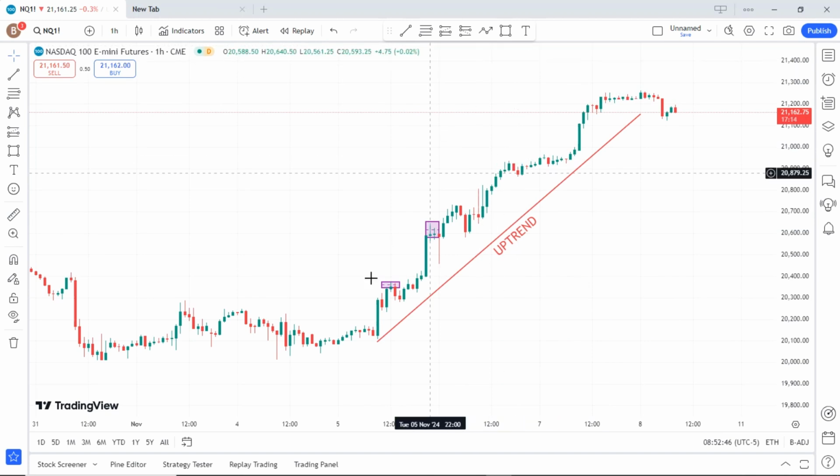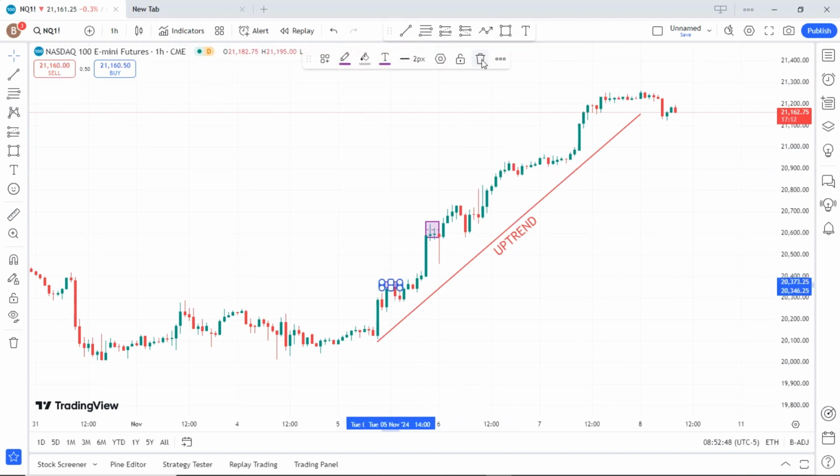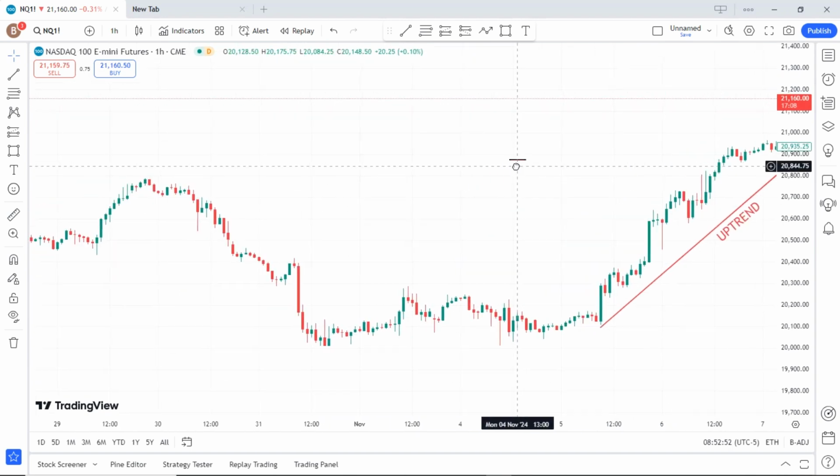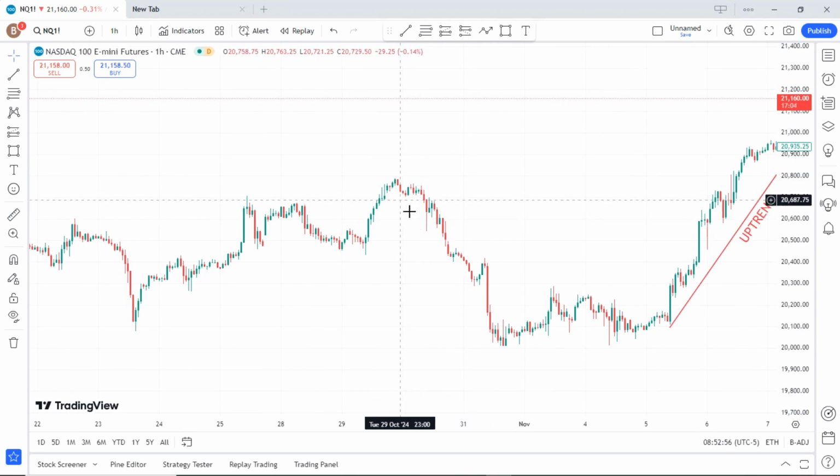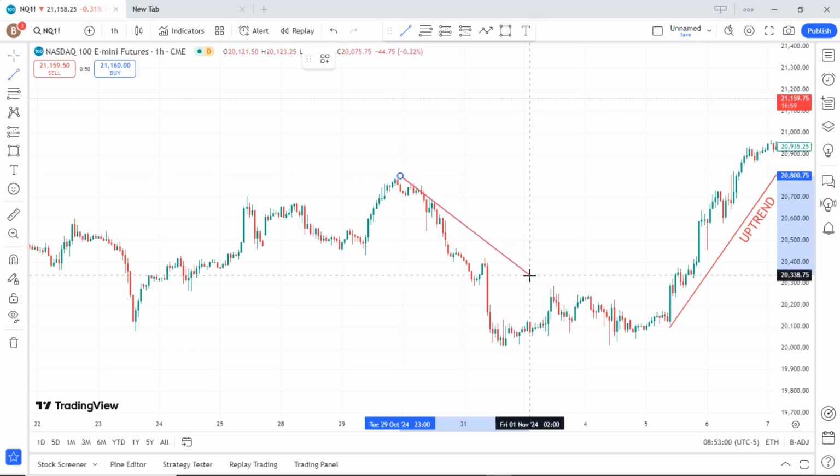And then going by that, we also have an example of a downtrend here, from the start point here back to, let's call this the terminus.